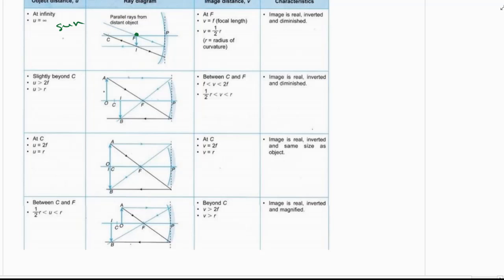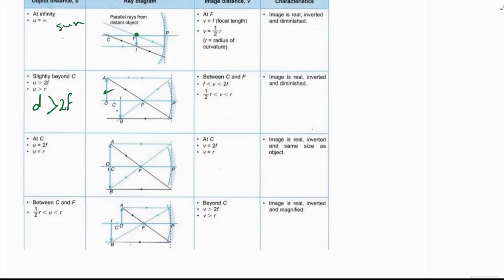But if the object, as you can see here, is at a distance greater than 2f, greater than the center of curvature, which means it's far away from the mirror, then in this situation this will be the image.